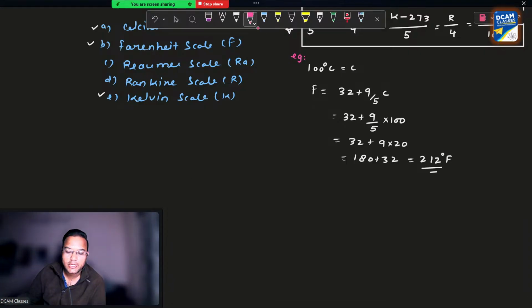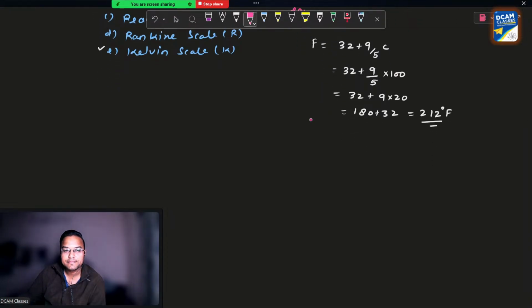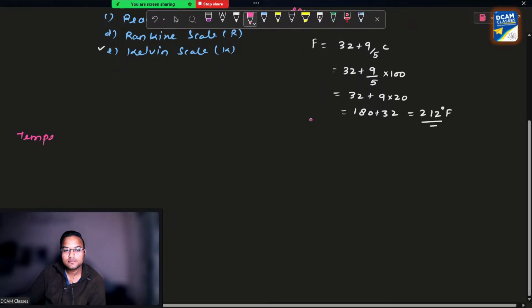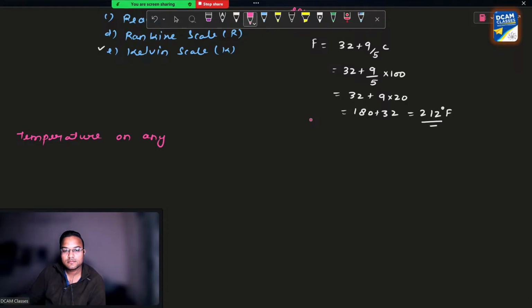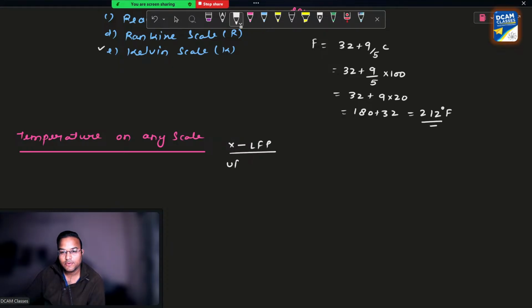The formula that you are telling is, wait, I'll write. X minus LFP by UFP minus LFP, equals X1 minus LFP by UFP minus LFP.